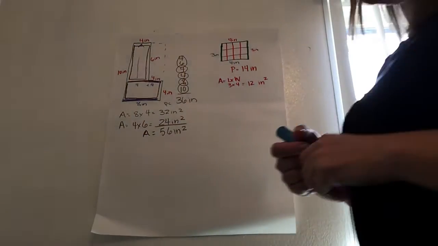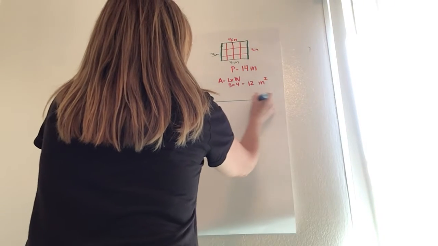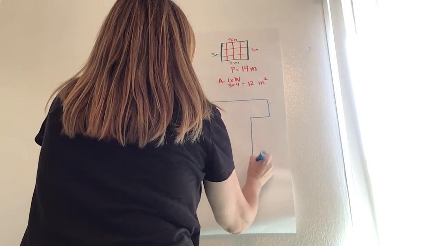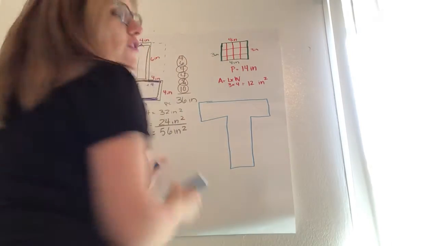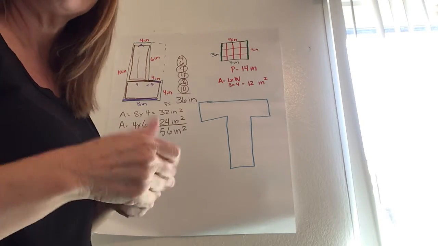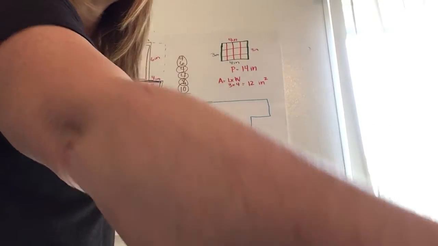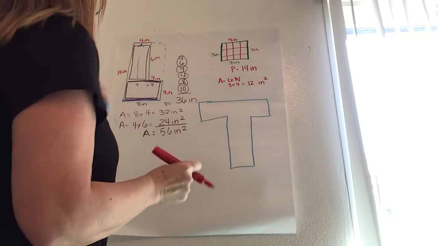So I'm going to do a figure, and your figures don't always look like letters. I'm doing that right now because it just came to my mind. All right, so let me go ahead and just give you some of the measurements.